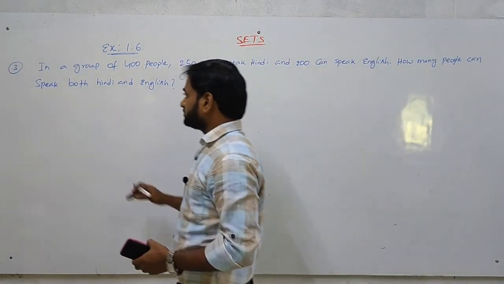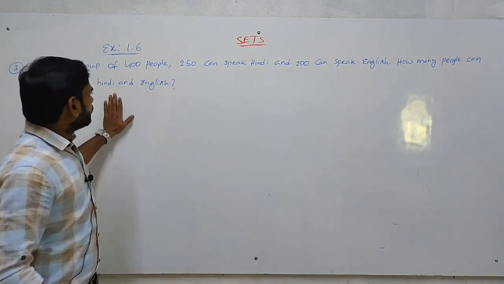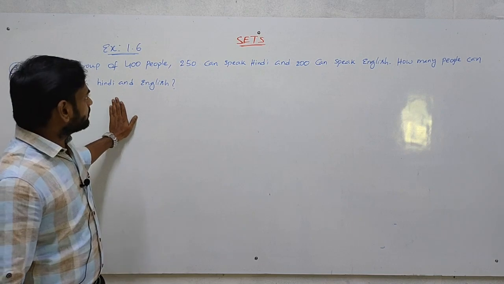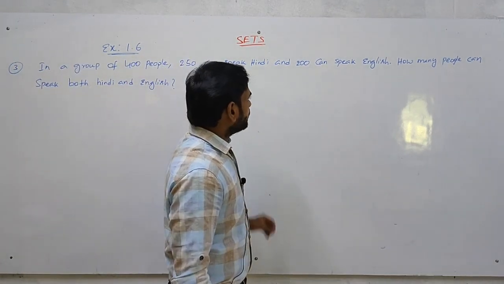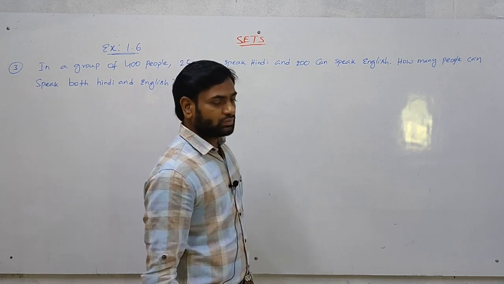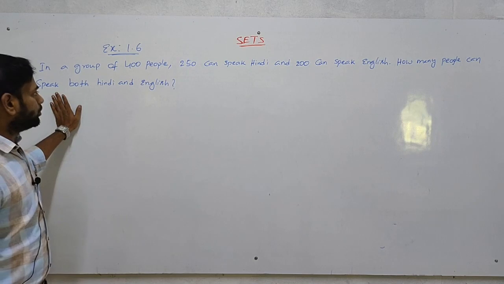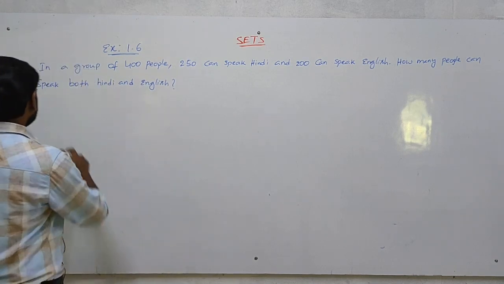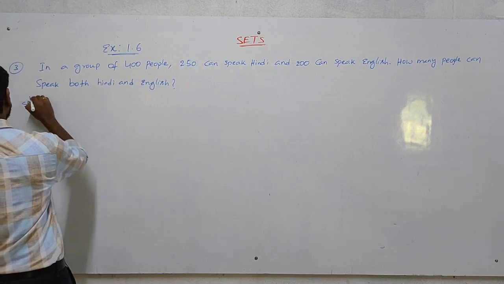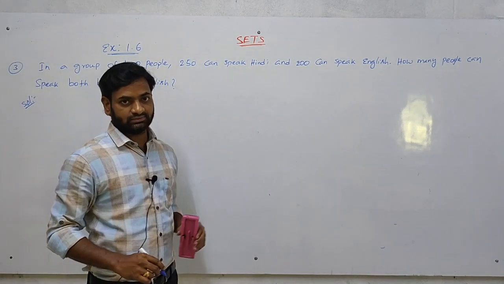See the next one, third. In a group of 400 people, 250 can speak Hindi and 200 can speak English. How many people can speak both Hindi and English? See here, what is given? First I am writing that one. 250 can speak Hindi.